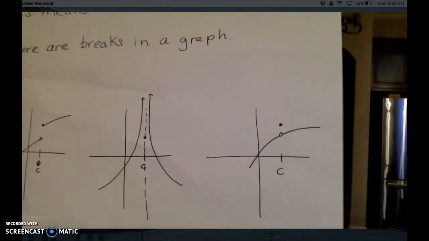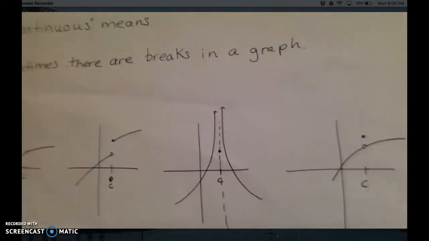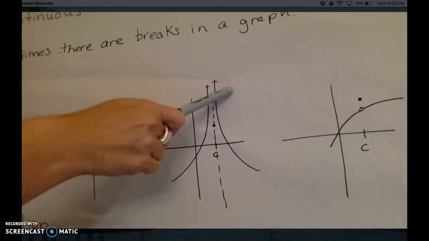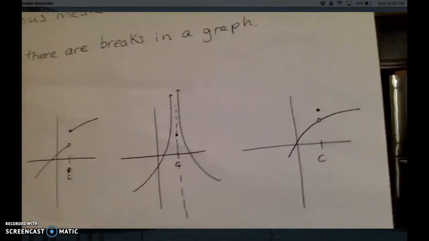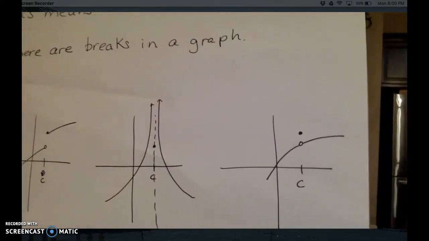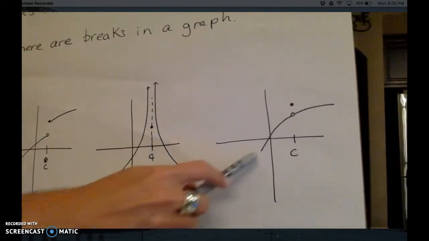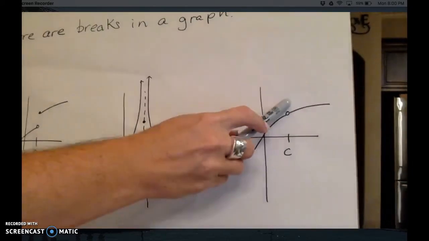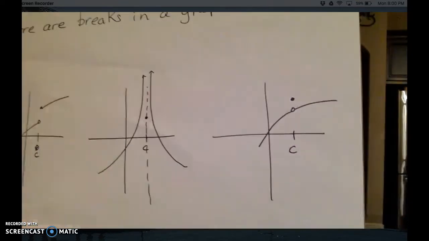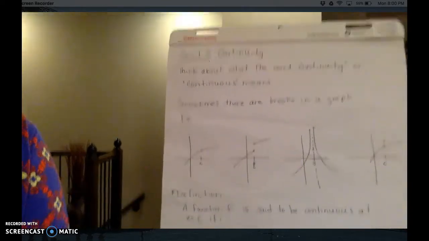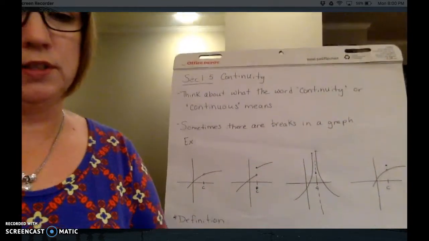I can't put my pen on the curve and draw all pieces of the curve without having to pick up my pen. And on this last one, we have another break where I would have to put my pen here, go up here and draw this dot, and then come back and draw this one. So again, not continuous. Sometimes this happens with functions.